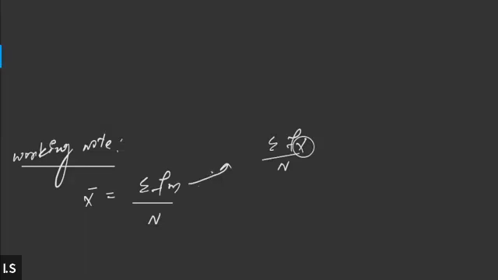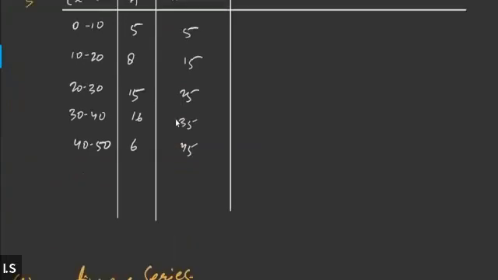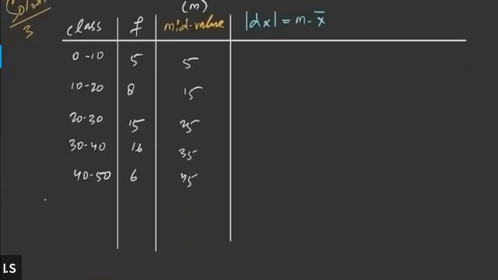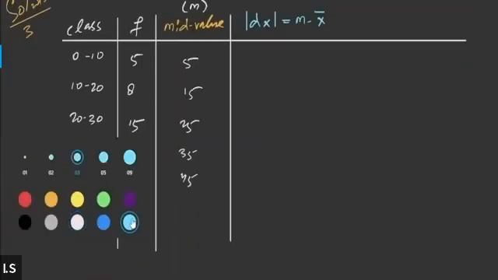Whatever place we were using x earlier, this time we will use m. Is this clear to you? Yes, sir. And therefore we are calculating mean by applying this formula, sigma fm divided by n. For sigma fm, we will need to prepare another column.